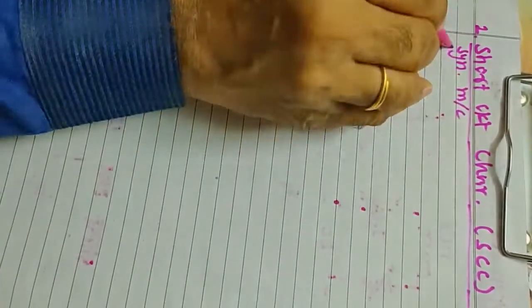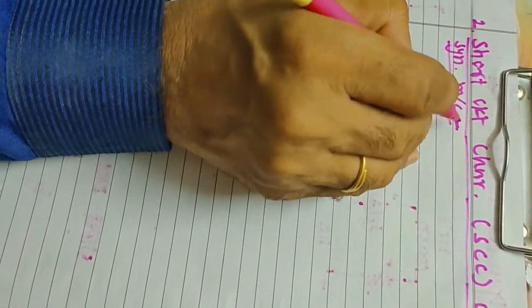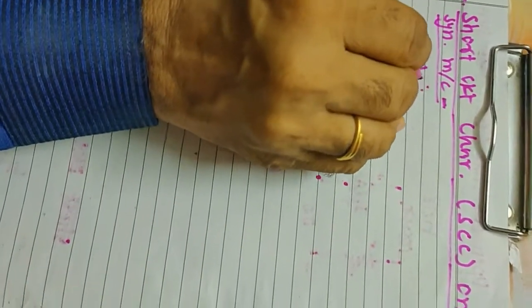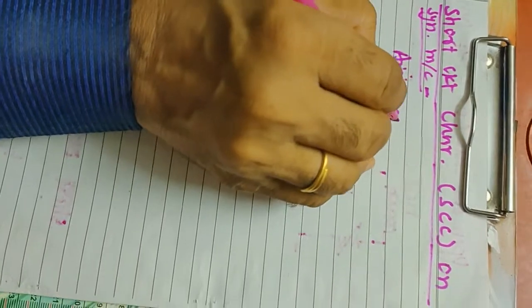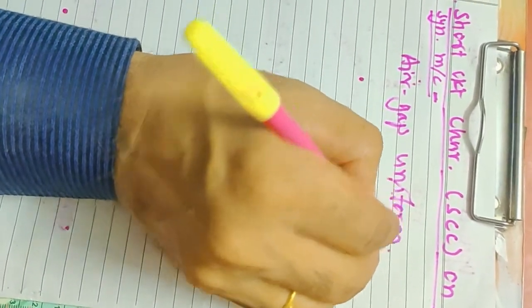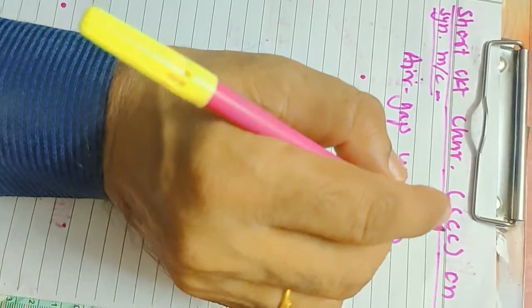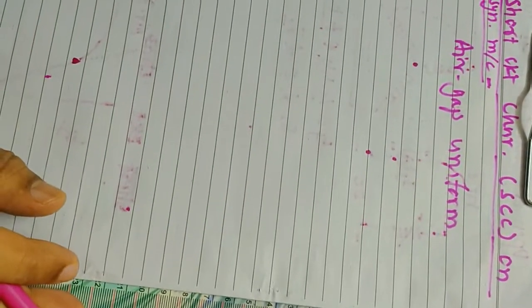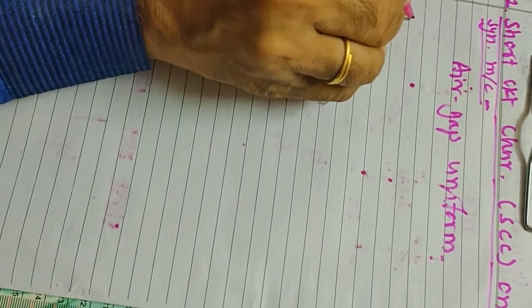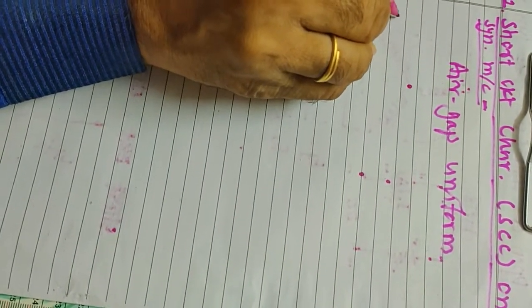This is again a cylindrical rotor synchronous machine where the air gap is uniform. The terminals of the synchronous generator are shorted. The experimental setup is the same.